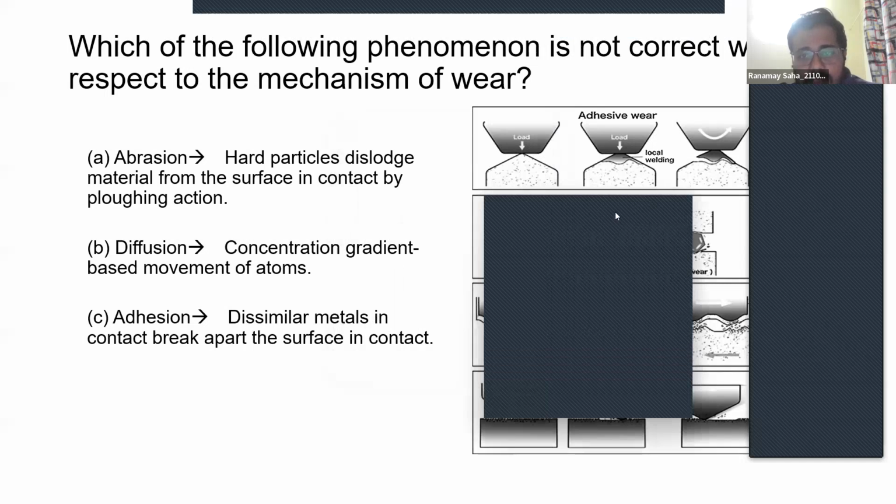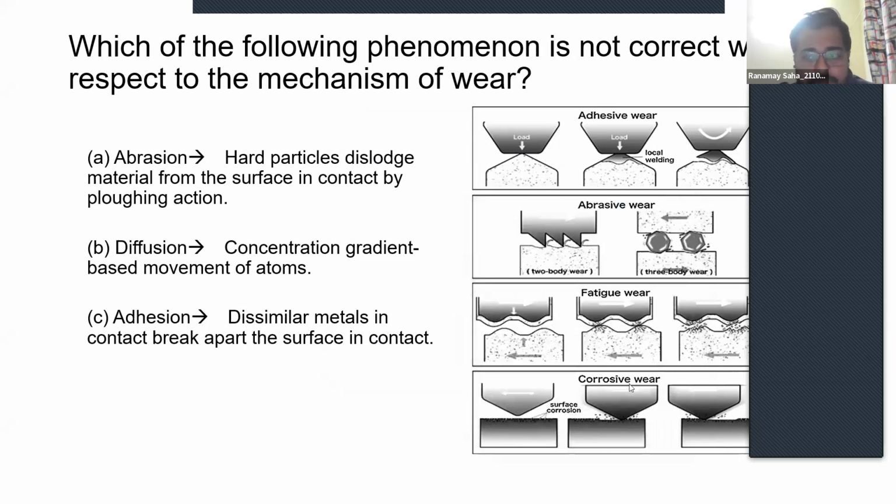Okay, in chat, Bipin says C. That's correct. Cool.